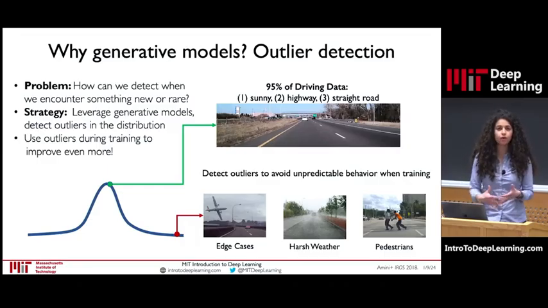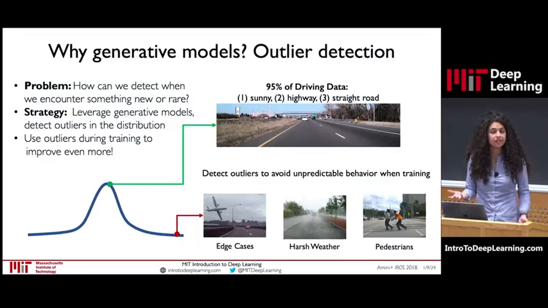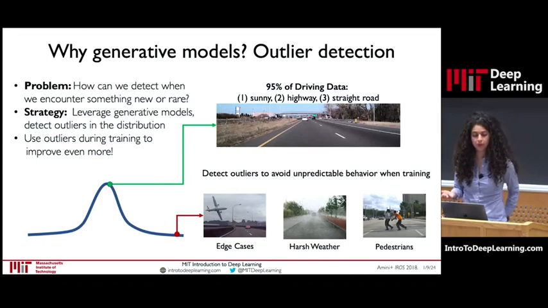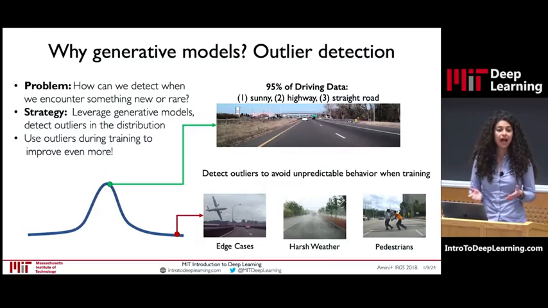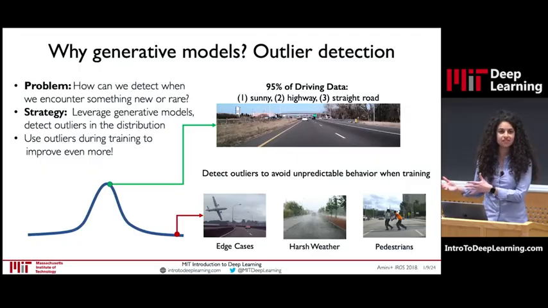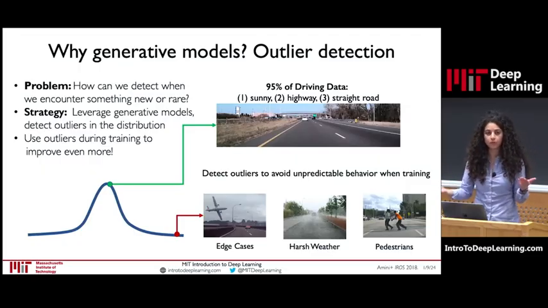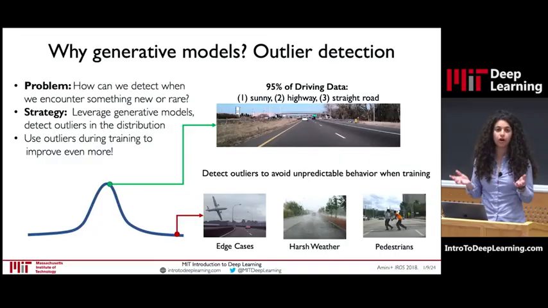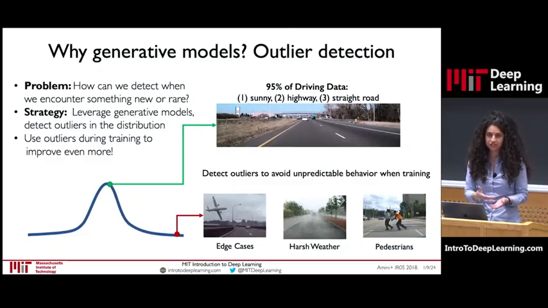Another use case for these probability distributions and learned generative models is outlier detection. Oftentimes we have settings where we want to preemptively find failure modes. In the self-driving car example that Alexander previously introduced, there are some instances that could occur on the road that are very rare but really critical. Let's say a person walks in front of the car or an animal crosses the road.